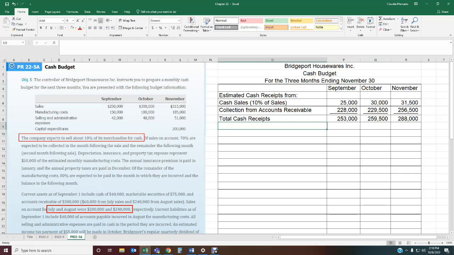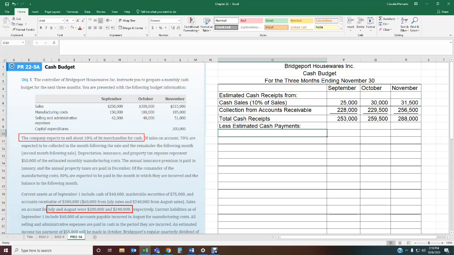The next thing we have is we're going to deduct any estimated cash payments. So these are cash outflows. This is us paying cash for different expenditures. The first thing we have is our manufacturing costs.